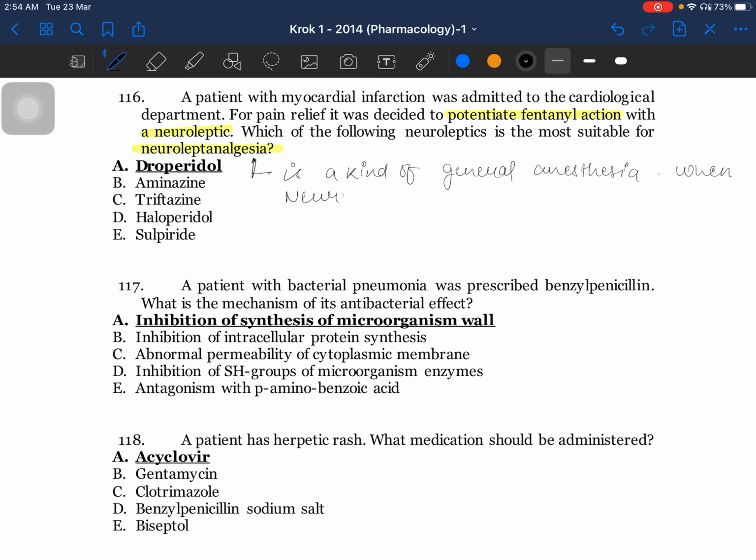It is a kind of general anesthesia when the neuroleptic, that is basically droperidol, and the narcotic analgesic, that is basically fentanyl, are administered together.